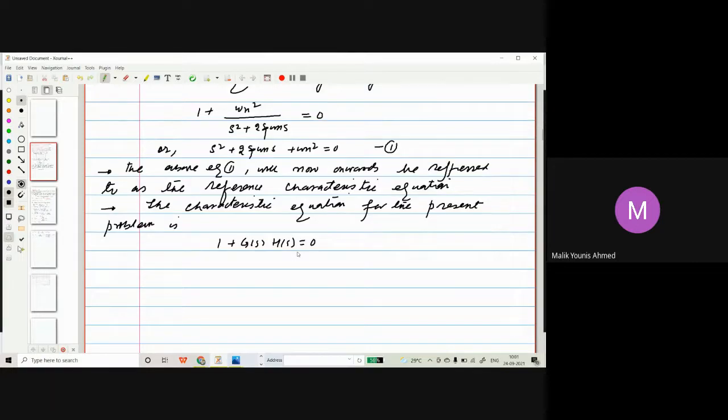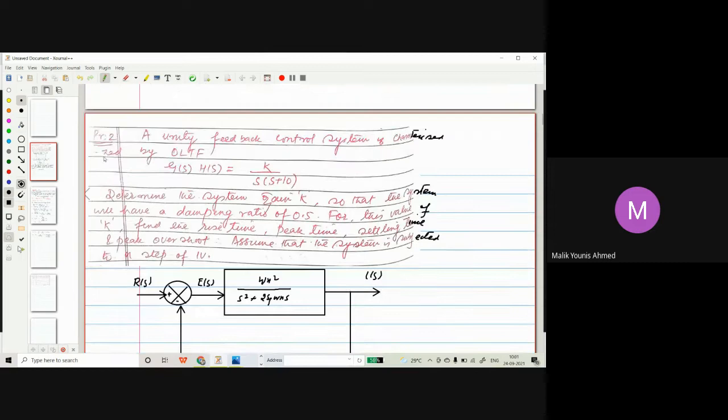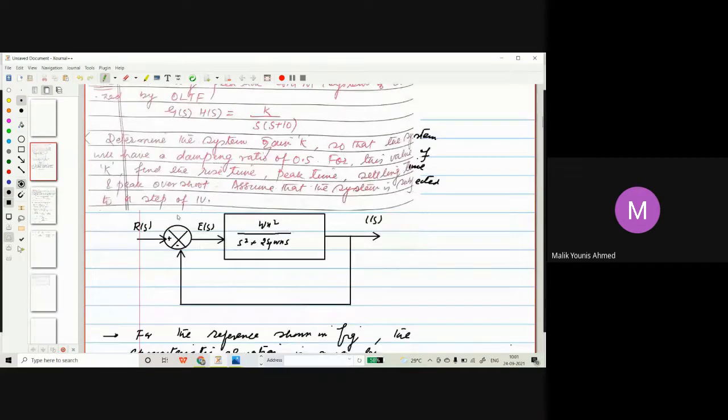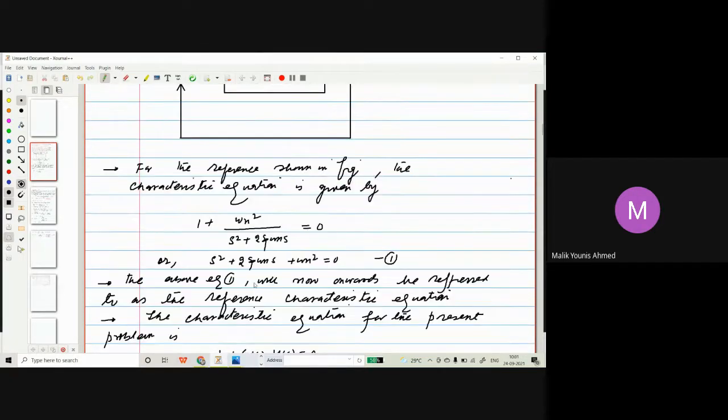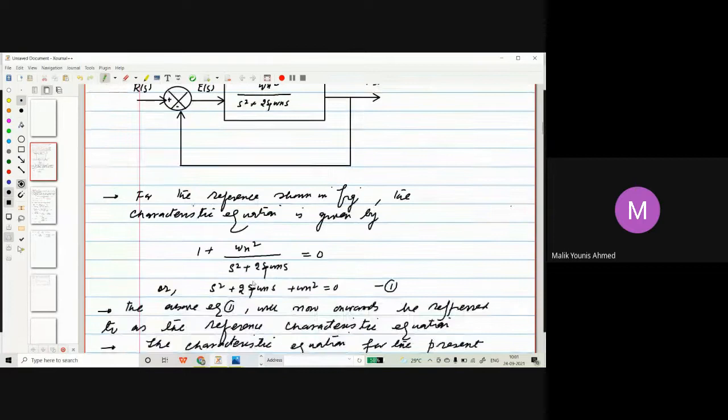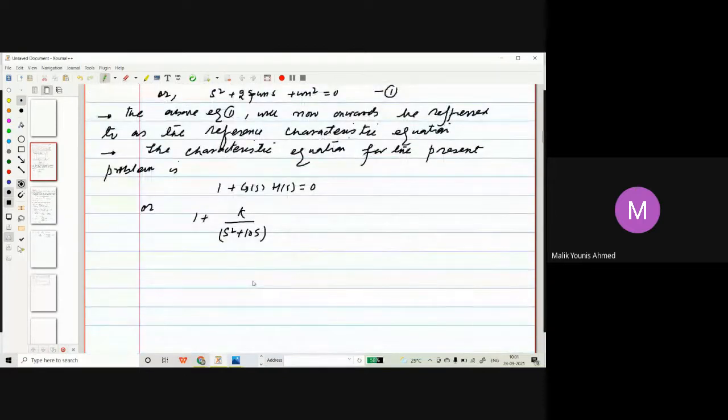Now in context to this question, what do we have above? Here we have G of S, H of S. So 1 plus G of S, H of S will be 1 plus K divided by, we can multiply, s square plus 10s, and this will be equal to 0. I think this is correct. Yes, s square plus 10s.